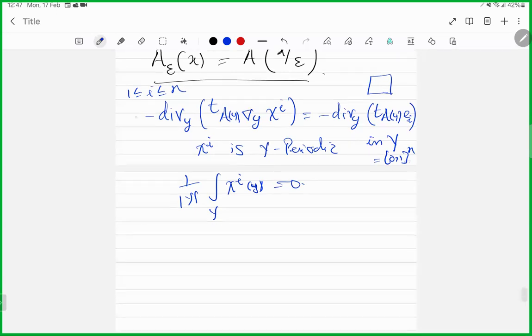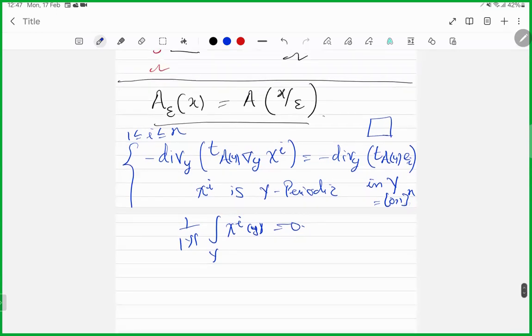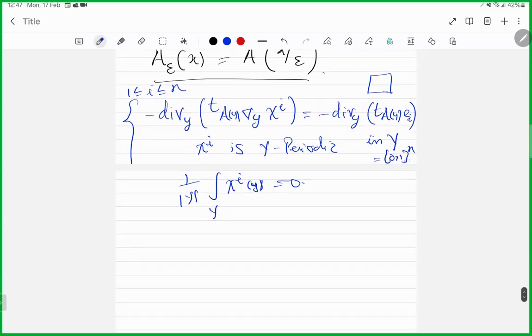Now, this cell problem, taking motivation from that, I can just define in Y, right? Because once the matrix A is given, which is periodic, I can write down this problem. It's that, right? There is no issue, and we have existence theory for this periodic boundary condition and so on.